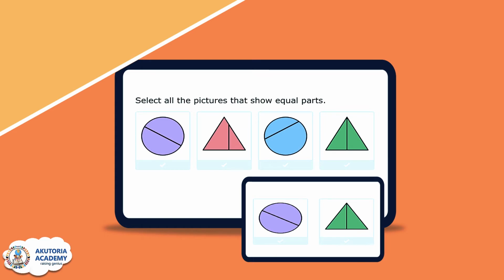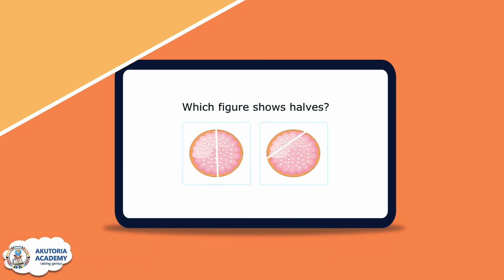But the other shapes there are not divided into equal parts. Which figure shows halves? The one on the left-hand side shows us halves, and this is because it is properly divided into equal parts, 1/2 and 1/2, which is half.